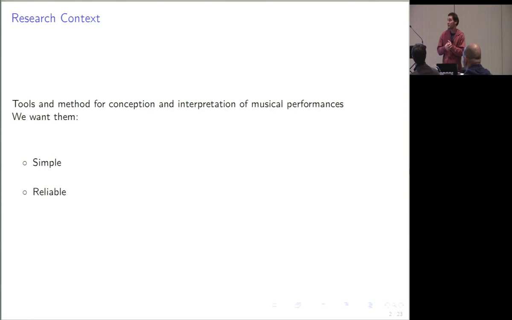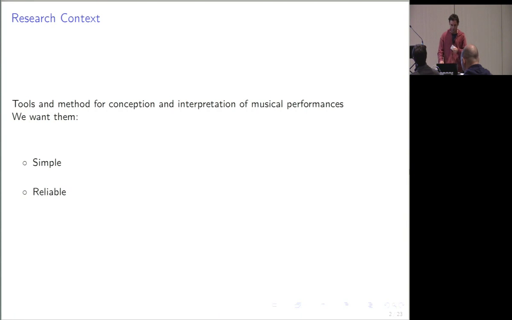So the context of this research is a tool, the conception of tools and methods for interpretation and musical performance. Actually, it's the same research field as what was talked about just before. Because we are not computer scientists' users, we want those tools and methods to be simple.